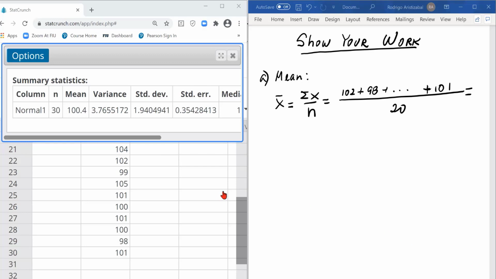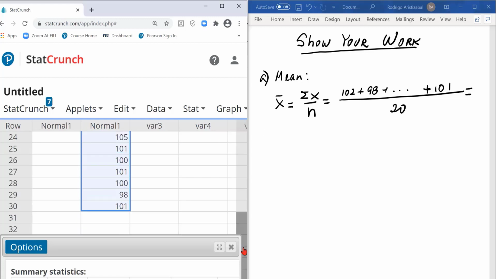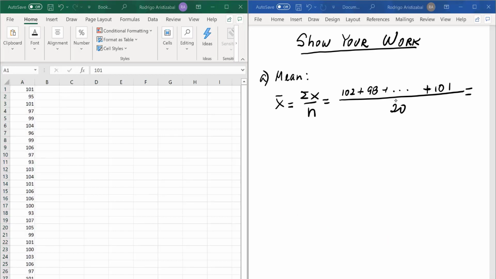Let's verify this result using Excel. Let's copy all of this data. I am going to use Ctrl+C, and I will open Excel, and Ctrl+V, and I have 30 observations here. I made a mistake. We don't have 20 observations, we have 30 observations. It's important to verify those operations.